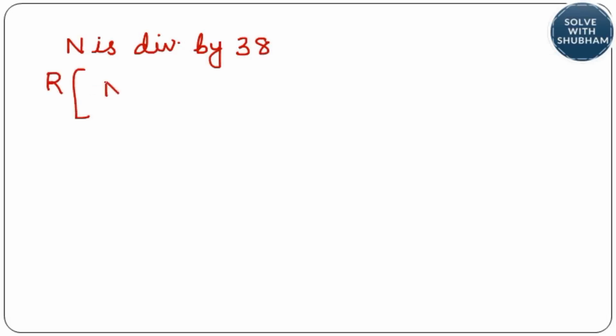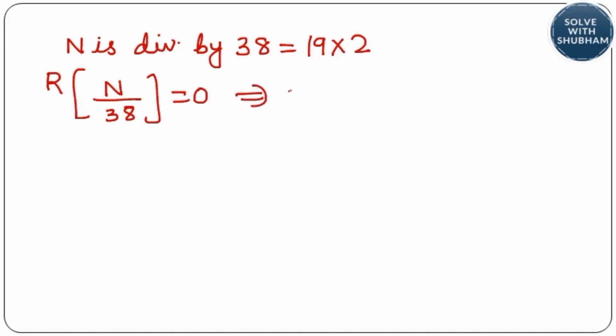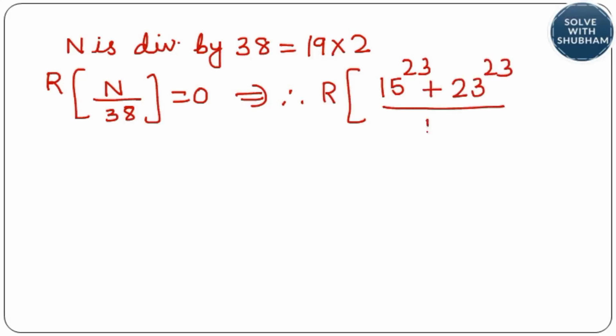So if the number is divisible by 38, the remainder of n divided by 38 is coming as 0. 38 is nothing but 19 into 2. Therefore, the remainder when the number 15 power 23 plus 23 power 23 is divided by 19, even this will give you 0.